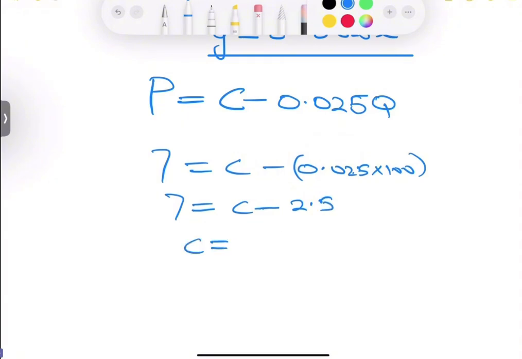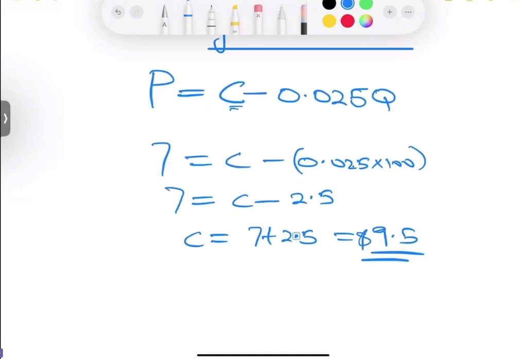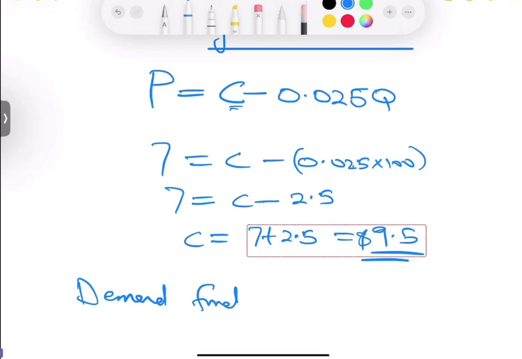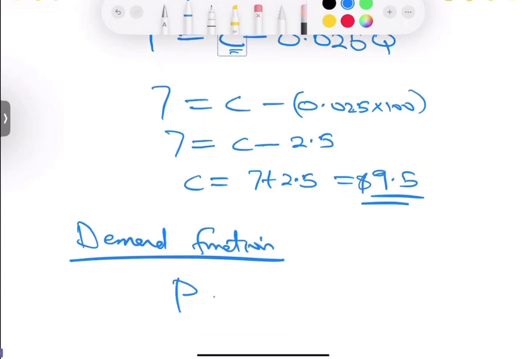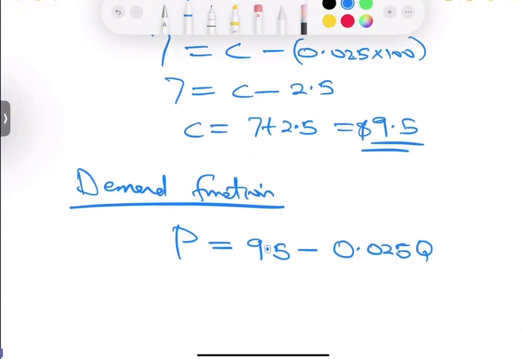So C equals 7 plus 2.5, which equals 9.5. That's our C. Then we can plug it in, so we have our demand function already: P equals 9.5 minus 0.025 Q.